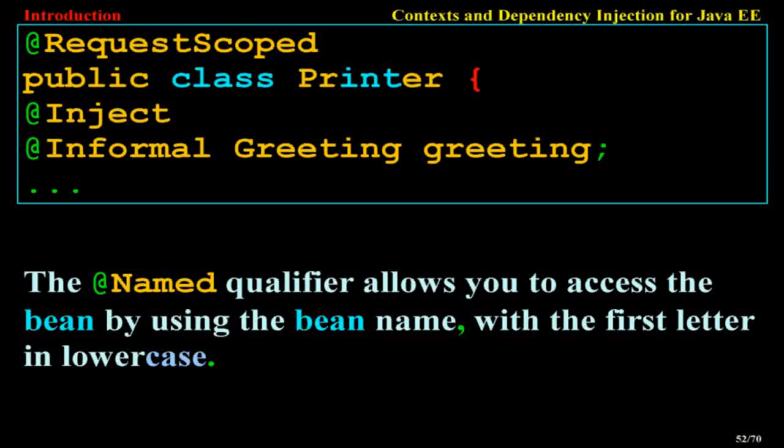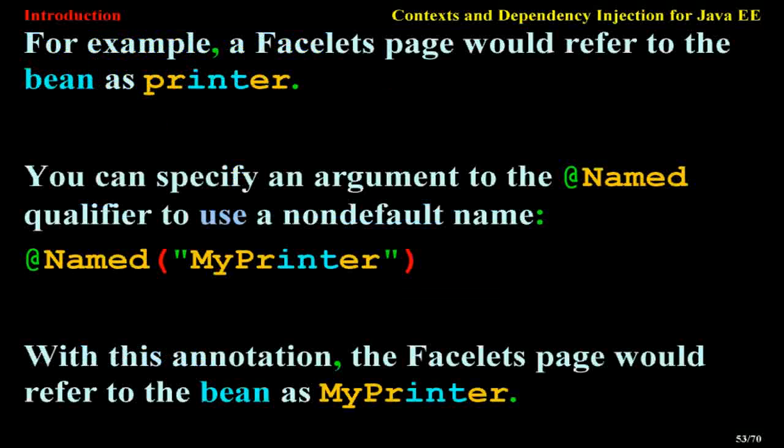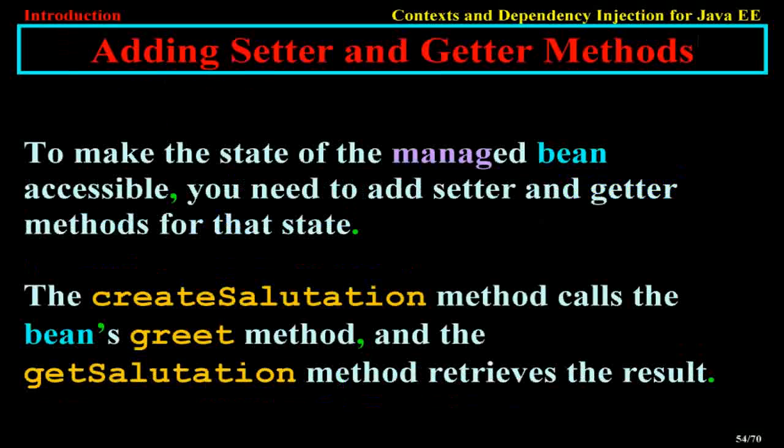The Named qualifier allows you to access the bean by using the bean name with the first letter in lowercase. For example, a Facelets page would refer to the bean as printer. You can specify an argument to the Named qualifier to use a non-default name: @Named("myPrinter"). With this annotation, the Facelets page would refer to the bean as myPrinter. Adding setter and getter methods.